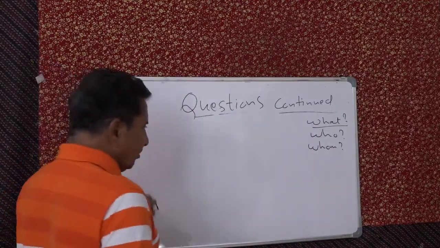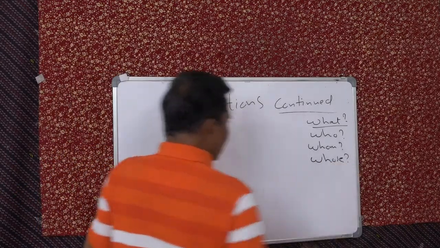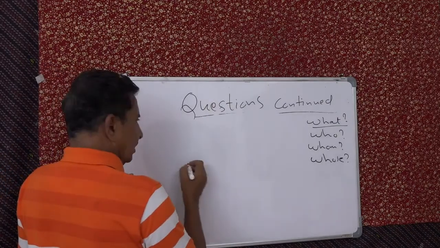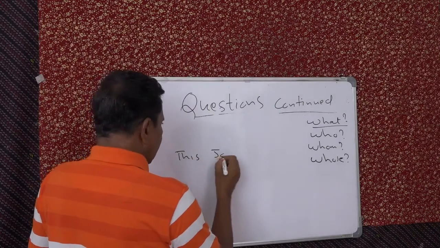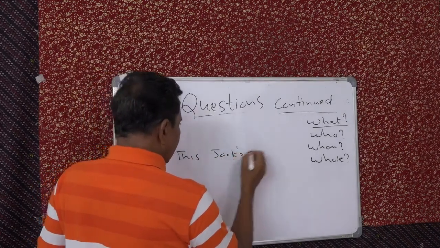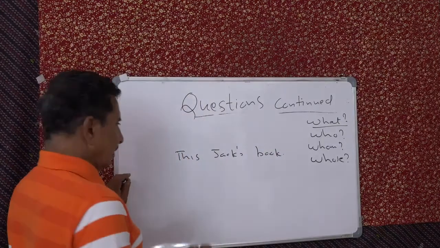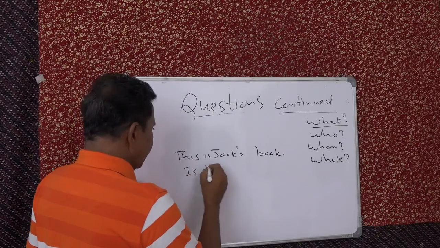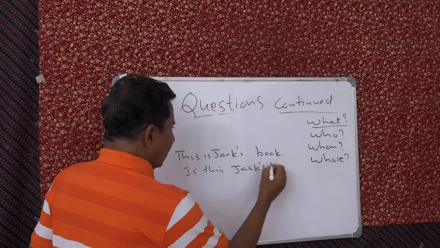Next question word is whose. You know these question words now. Whose. See. This is Jack's book. Question: is this Jack's book?